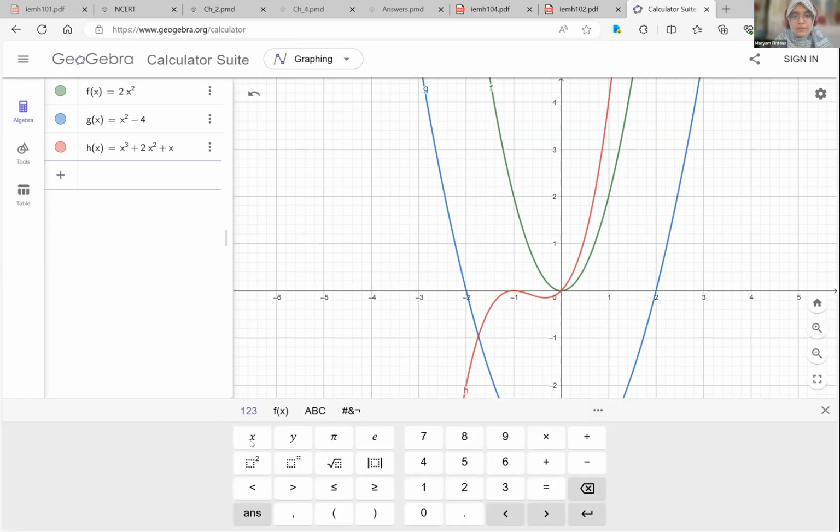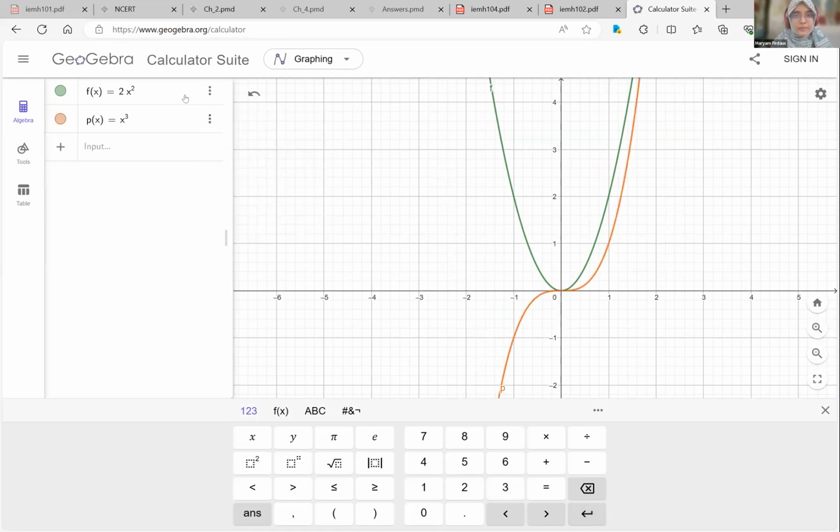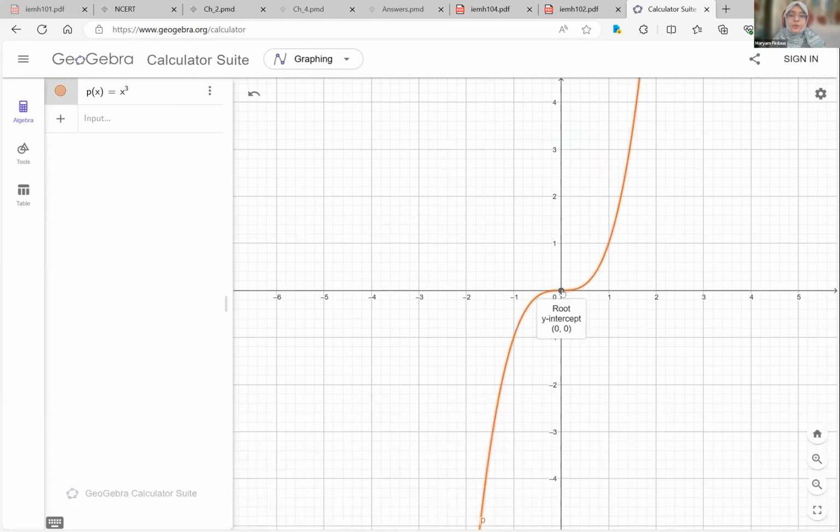Fine. Let me just give you a very easy example of this, x cube. Okay, Avni, that is your very simple cubic polynomial, which is x cube and nothing else. What is the root of this? Only one root, which is 0 comma 0.